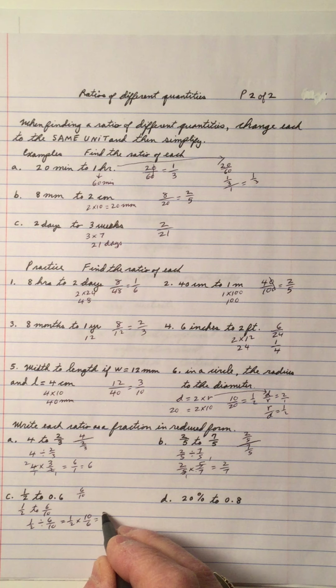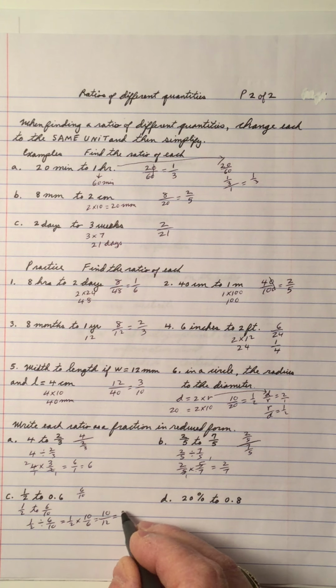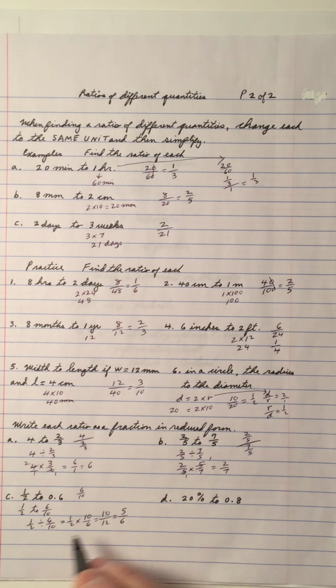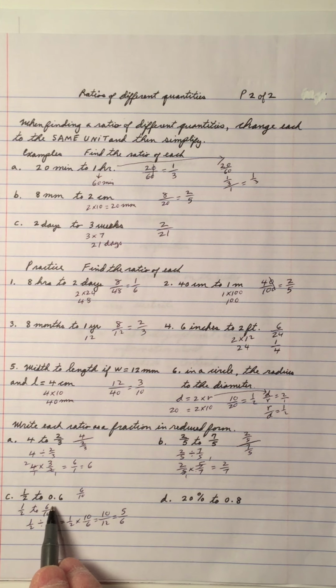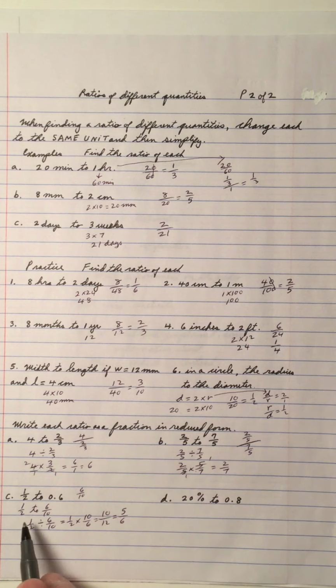That gives me 10, and 2 times 6 is 12, and that reduces by 2. 2 into 10 goes 5, 2 into 12 goes 6. So again, changing your decimal to a fraction and doing the division sign works it out okay. I want a fraction, I don't want a decimal, it says fraction.